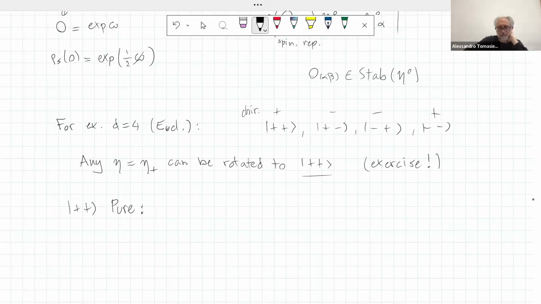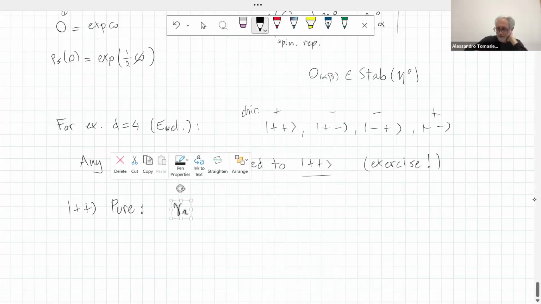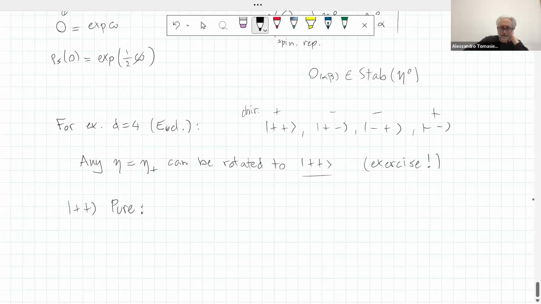What does it mean? Well, let me write it like this. It means that formally we say that the annihilator of, let's call this theta 0, has dimension d over 2.